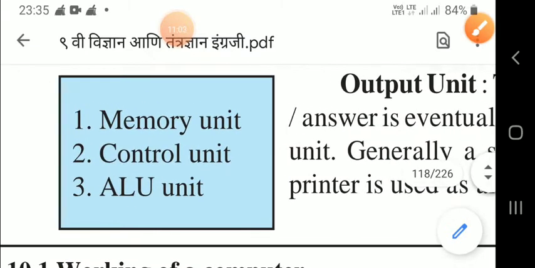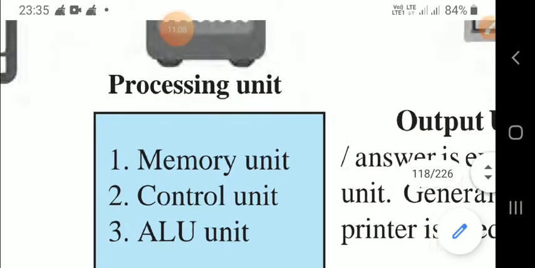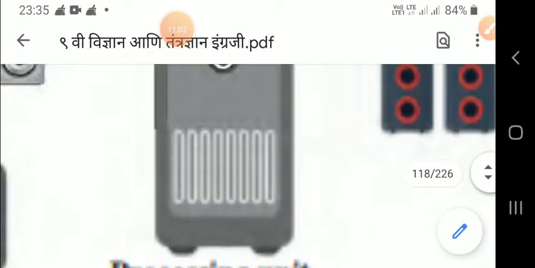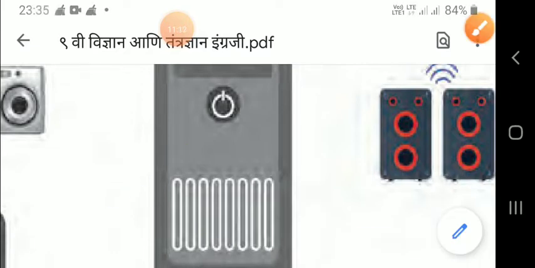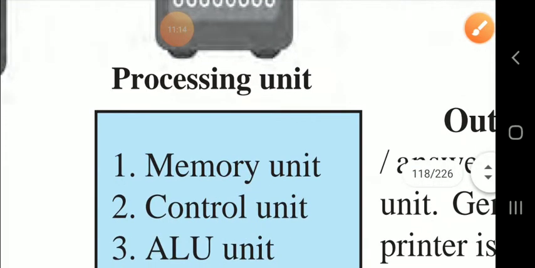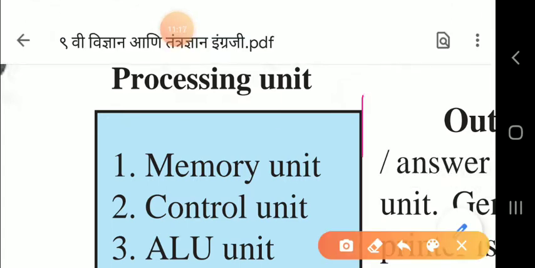Now here one CPU is there. You can see here, children, this is the CPU. This is a processing unit, and it has the memory unit, control unit, and ALU. So now let us see first what the memory unit is. Memory unit is the amount of data that can be stored in the storage unit. Second is the control unit.